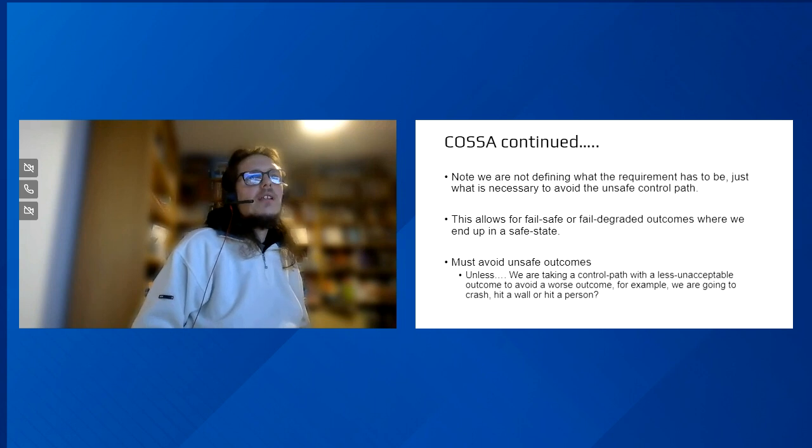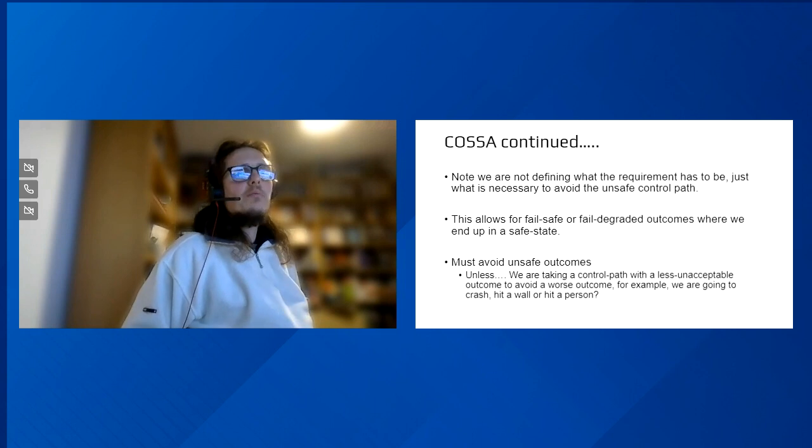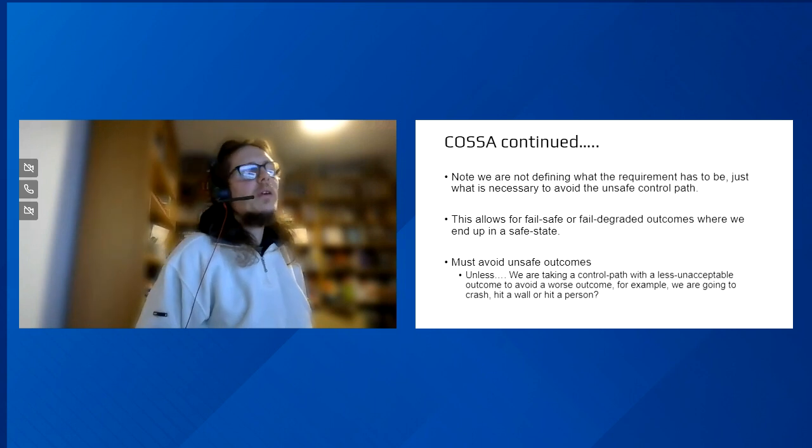Or we have a fail-degraded outcome where we still maintain the function, but not necessarily with the performance that we would want if we were running without an issue. But what we are doing is guaranteeing we do end up in a safe state.